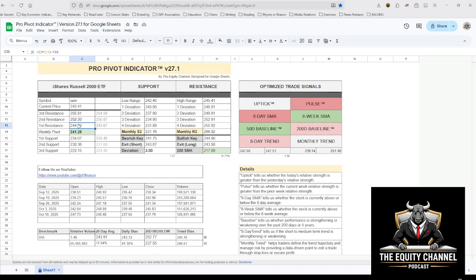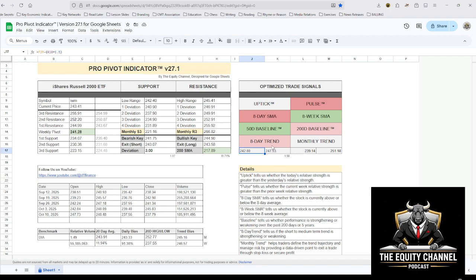My 242.80 bearish key level can be a stop. See that? 244.99. If I wanted something wider than this, I can use my bearish key level here. Keep that in mind.